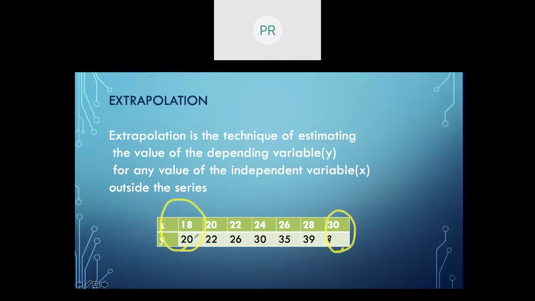Either the first value or the last value is missing, then this can be found by using extrapolation. So interpolation is a technique of estimating the dependent value for any value of the X within the series, whereas extrapolation is outside the series.